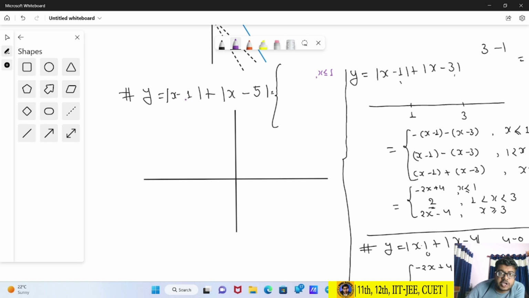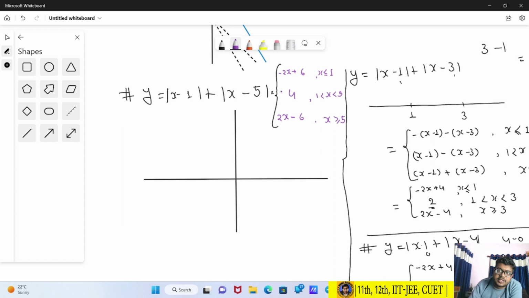It comes with a negative sign for both terms, so it is minus 2x, plus 1 and plus 5, so plus 6. Now between 1 and 5 it comes 4, since 5 minus 1 is 4. When x is greater than or equal to 5, both are positive, so it is 2x minus 6.